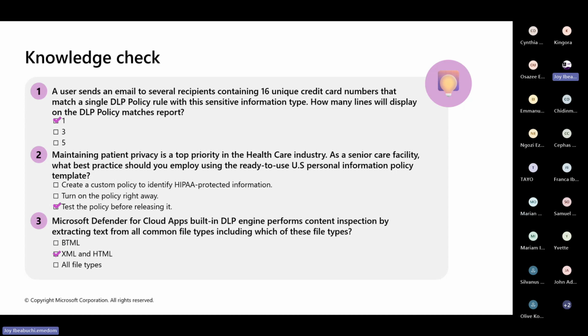Does anybody have a counter answer? I was also thinking maybe how many lines would display on the DLP, because it's a high value listing. I was also thinking it would be 5 because the credit card is a high value listing. Once the credit card number gets out, it's a high value DLP. So Samuel, the context of high is not by number.